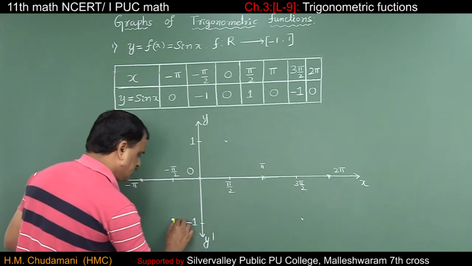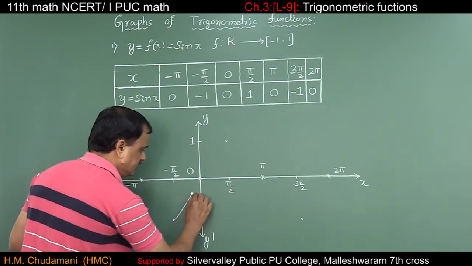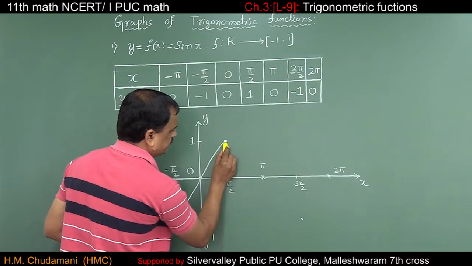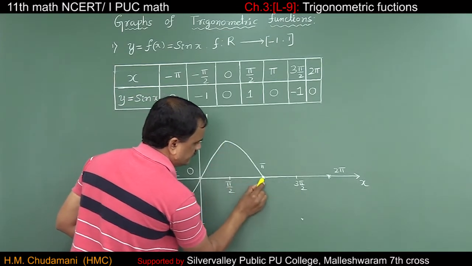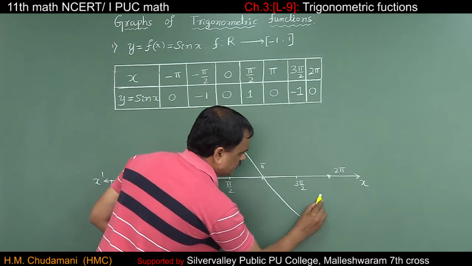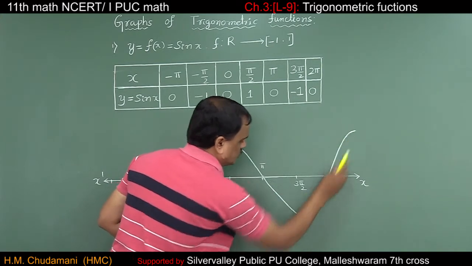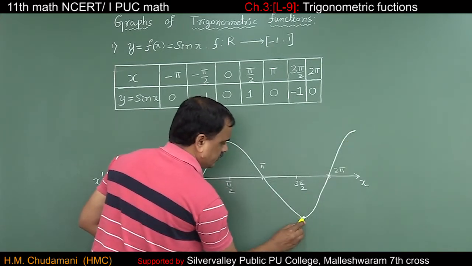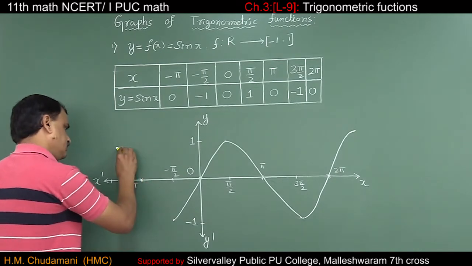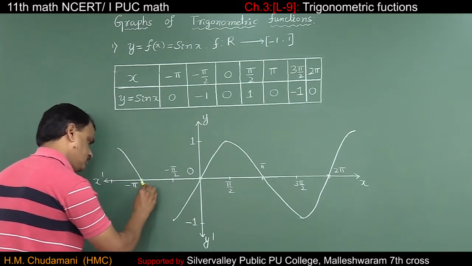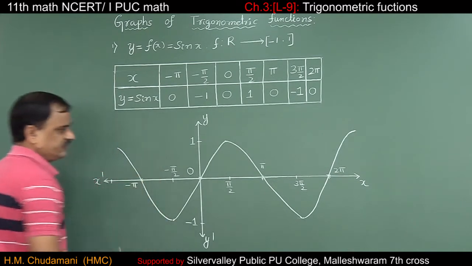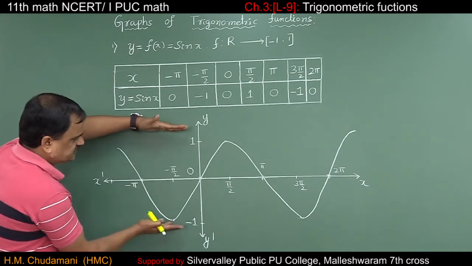Let us draw the graph. Join these points in a smooth hand. Pi, 3 pi by 2, 2 pi and so on. See, this is the graph of the sine function.